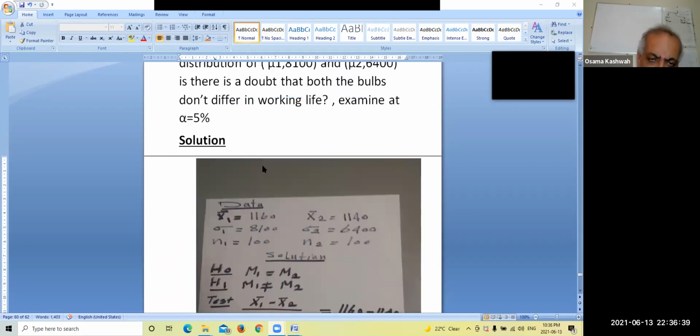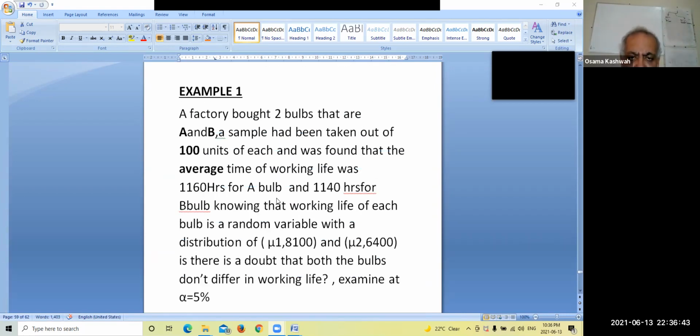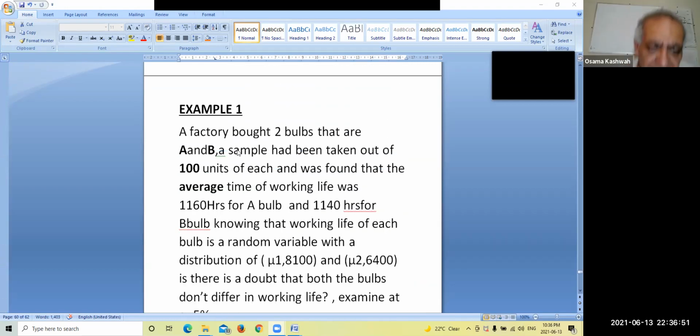Anyhow, now I have mu1 and mu2, but I have them in the samples here. A and B sample had been taken of 100 units, so my sample is 100 units. Now I will unshare the screen, and we'll go for the example which is in front of me here and solve it.